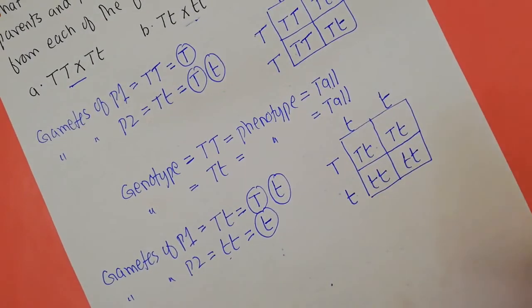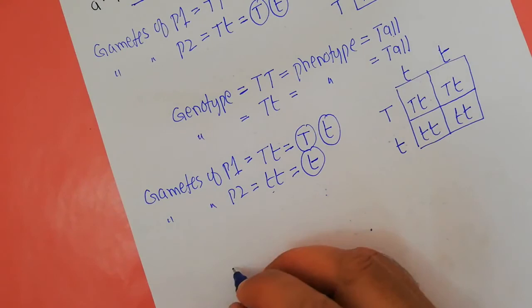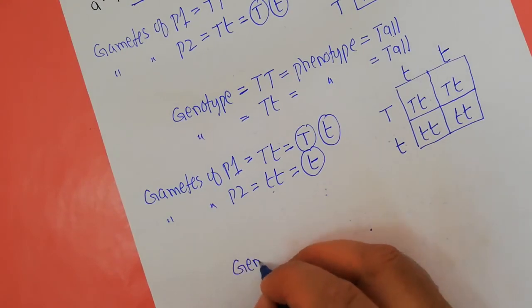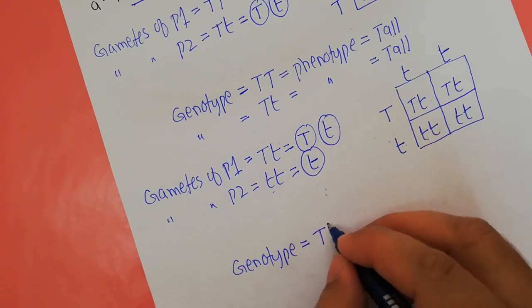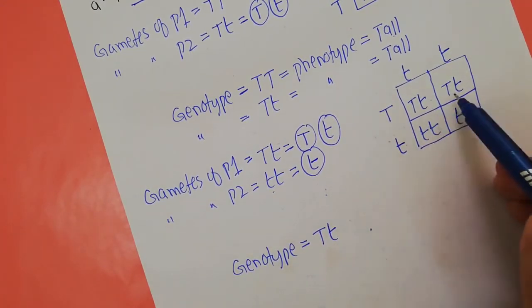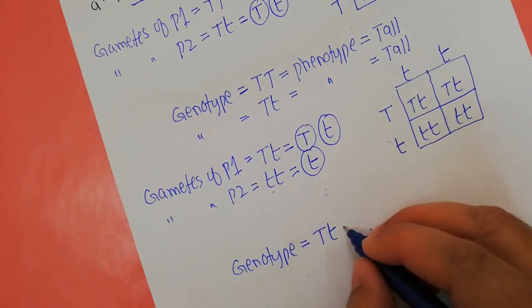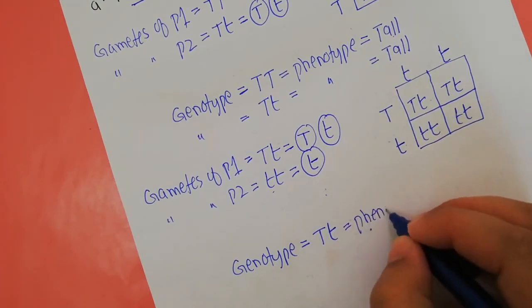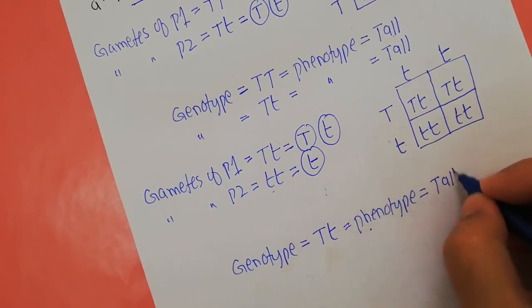Now here, if you look at the offspring, you are actually getting two kinds of offspring. The first one, if you look at the genotype of the offspring, is the capital T and the small t. So the genotype is heterozygous, and their phenotype will be tall, because the capital T is dominant over the small t.